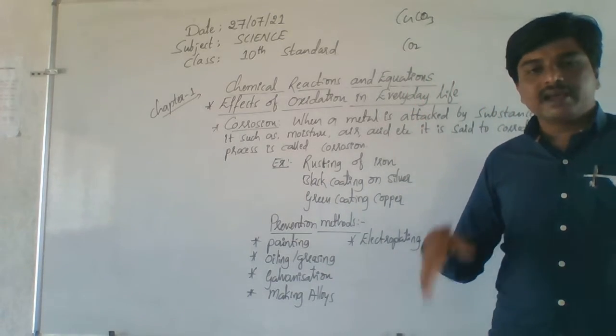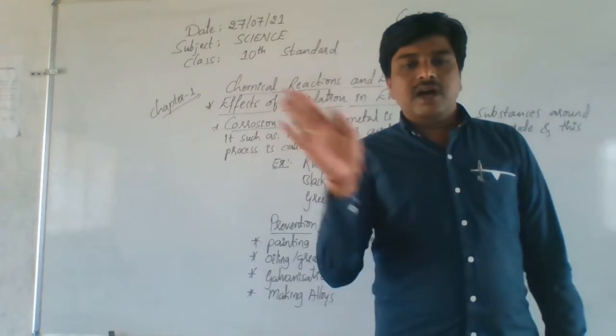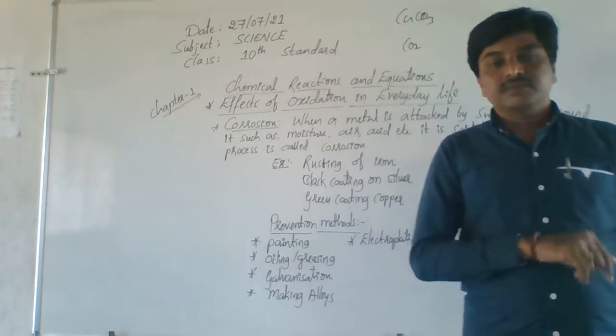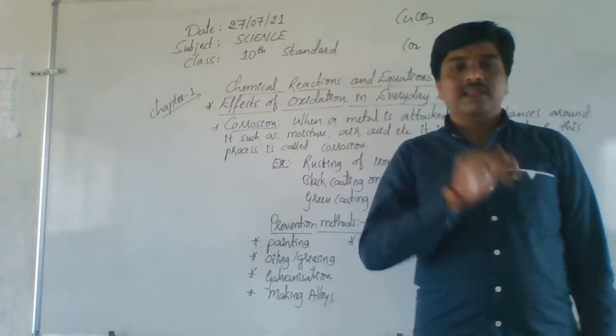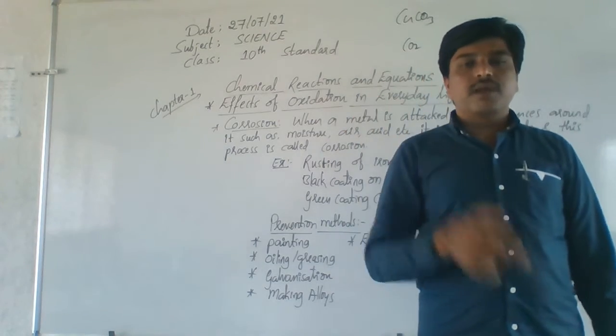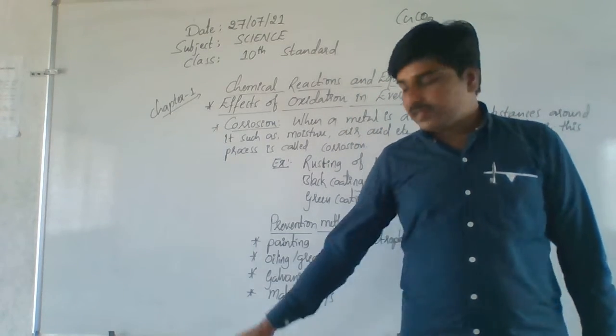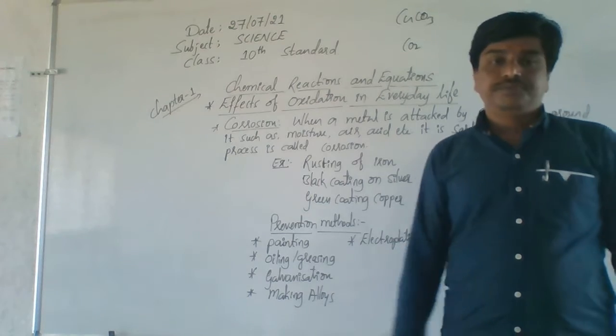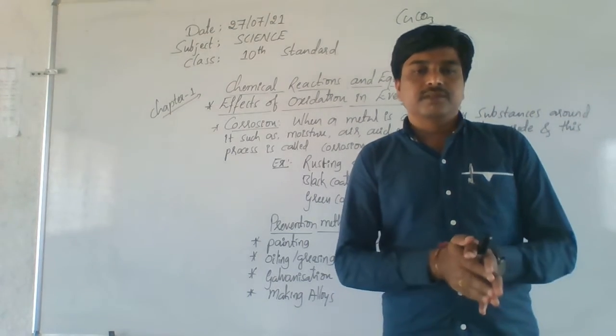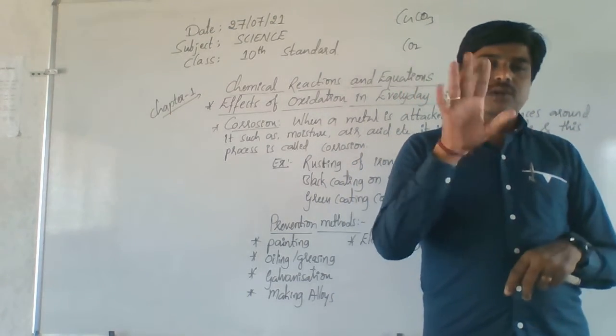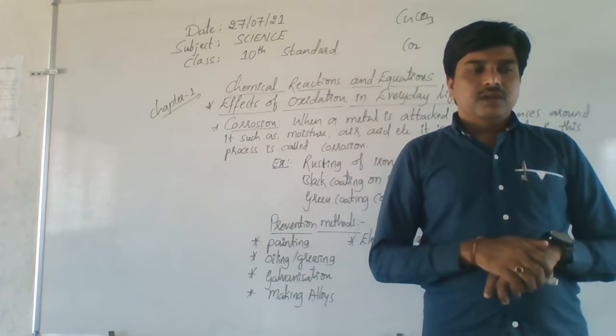Second one is oiling or greasing. Just apply oil or grease on the metal surfaces. That grease or oil layer also prevents the metal from corrosion. A very simple method. Third one, galvanization. It is not a simple method. First we have to understand what galvanization means.